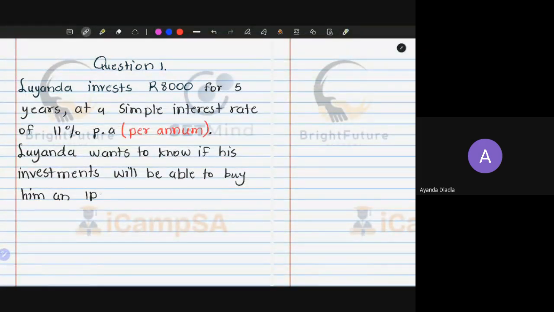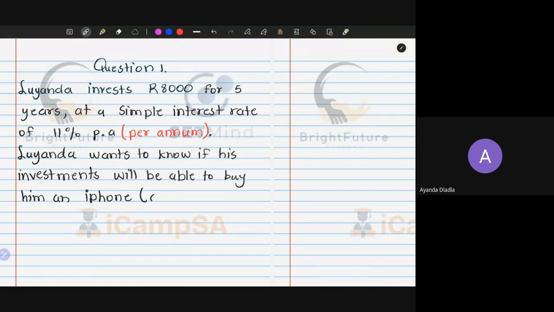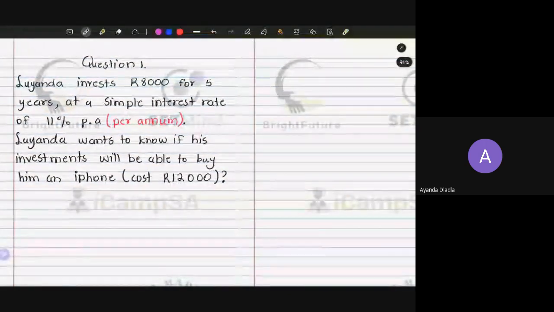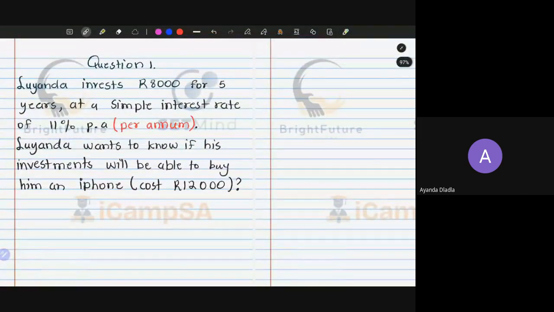I need you guys to think with me. That iPhone will be costing, at that time, 12,000 rand. So we need to assist Luyanda to figure out whether this 8,000 that he's putting in the bank, after 5 years, will be able to buy him an iPhone which will then be 12,000.